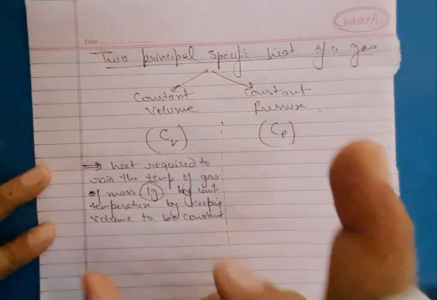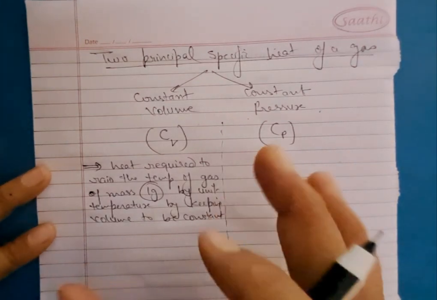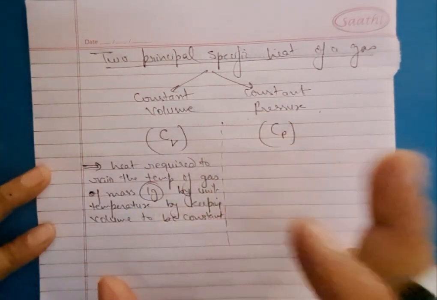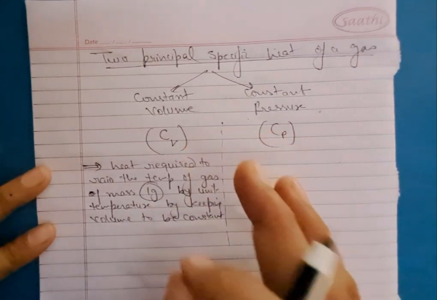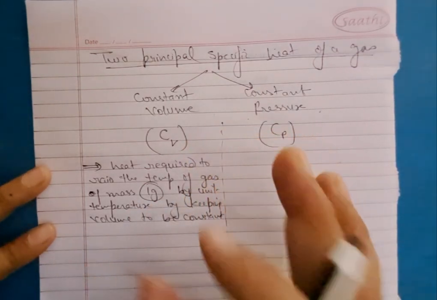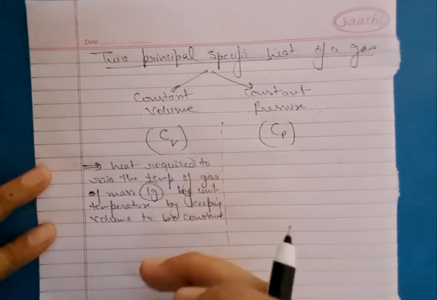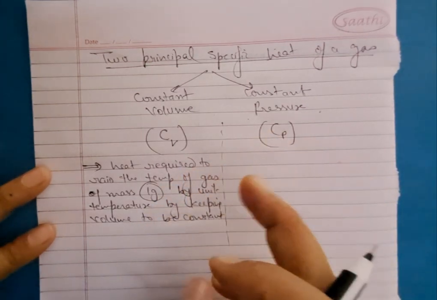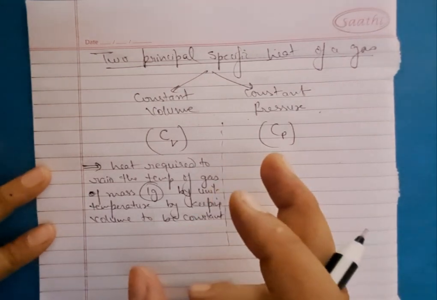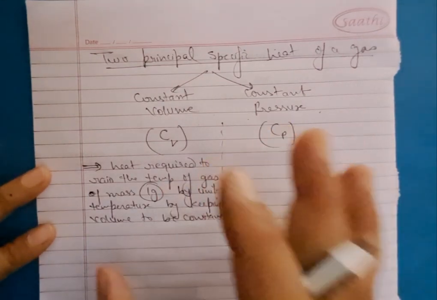Now see, the volume needs to be kept constant, such as in a pressure cooker. The heat is given continuously, but in a pressure cooker the volume is kept constant, therefore pressure can be allowed to vary.